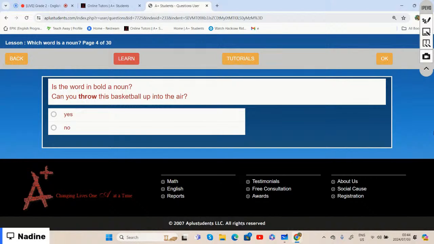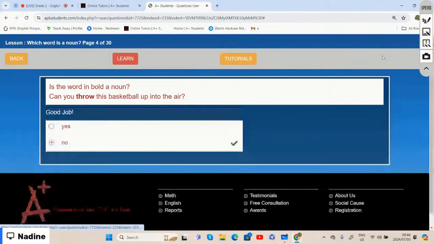So throw, we can say no, it is not a noun, right? Because throw is a verb. It's something that one does, right? So well done. No is correct.